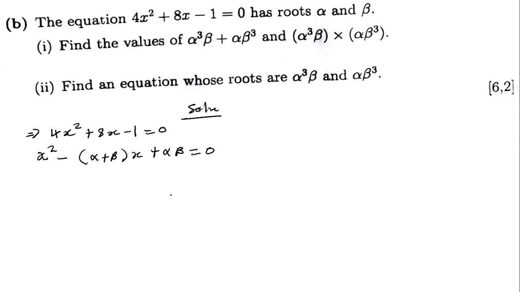So this will be x squared minus, what we found for alpha plus beta according to the solvings was negative 9 over 8, close bracket, x, and then the product was plus 1 over 256 is equal to 0.